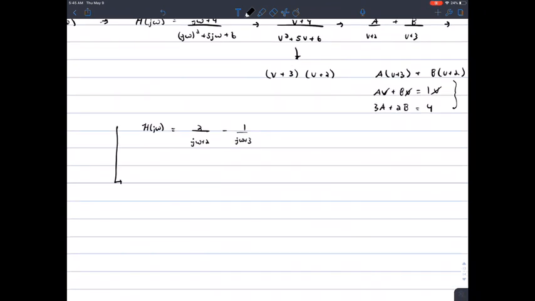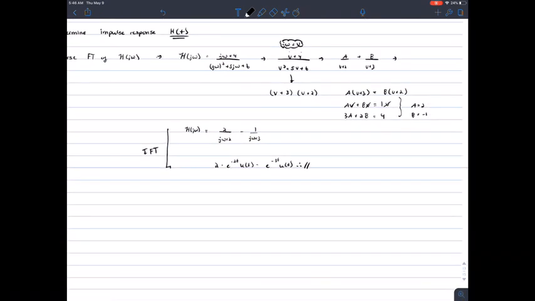Now we have to do the inverse Fourier transform. We know from the sheet this is going to be 2 times e to the -2t u of t minus e to the -3t u of t.